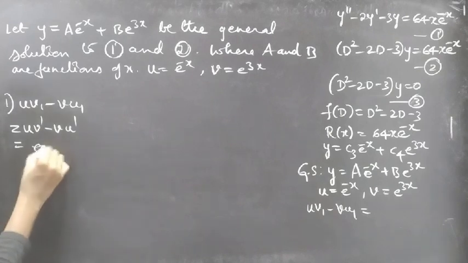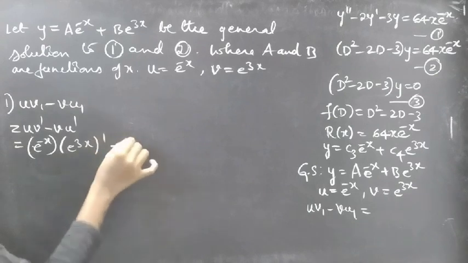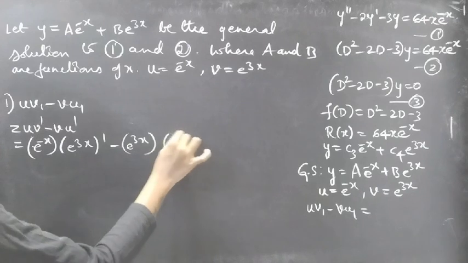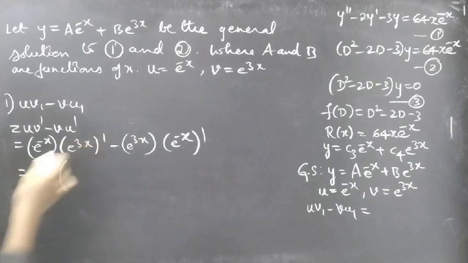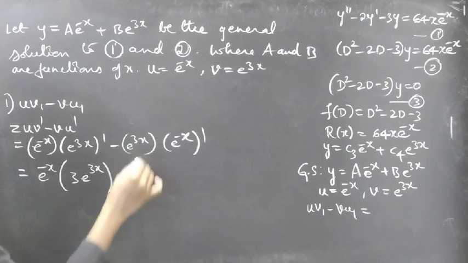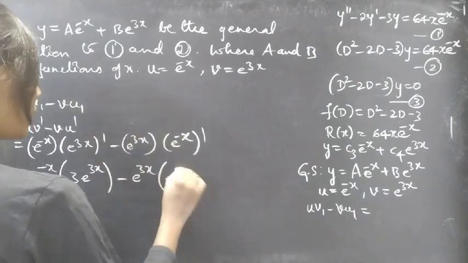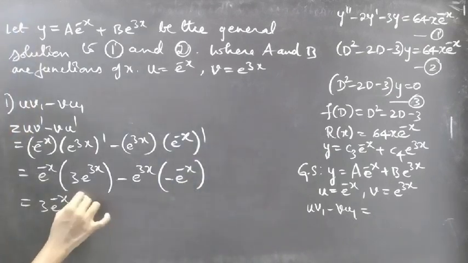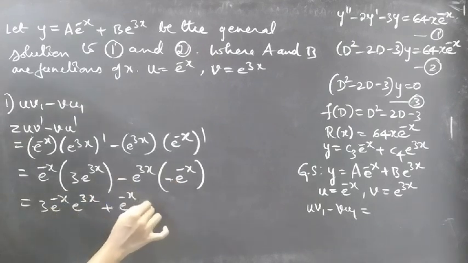This gives us e power minus x into the derivative of e power 3x, minus e power 3x into u dash, which gives us e power minus x into the derivative of e power 3x with respect to x, which is 3 e power 3x, minus e power 3x into the derivative of e power minus x with respect to x, which is minus e power minus x. This gives us 3 e power minus x e power 3x, minus into minus plus, e power minus x e power 3x.